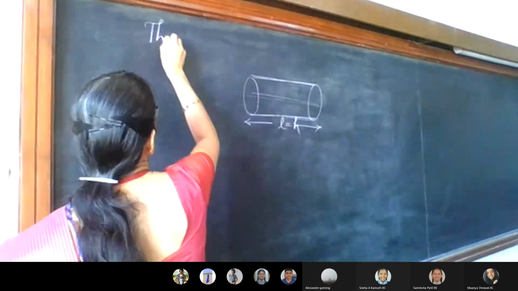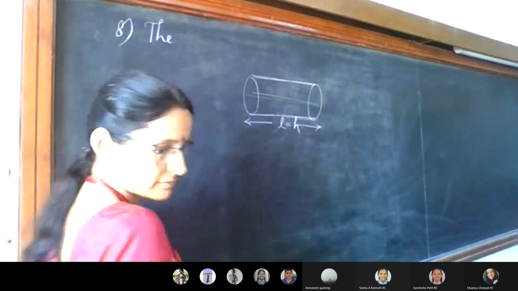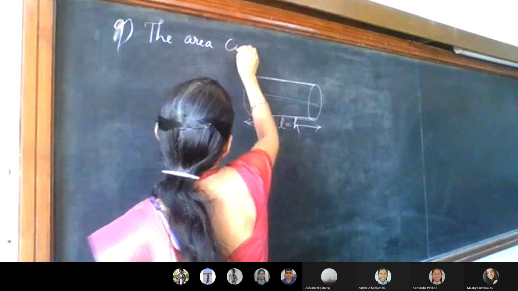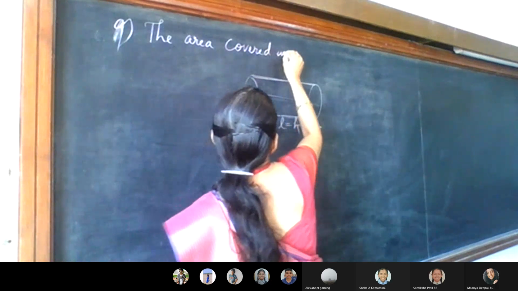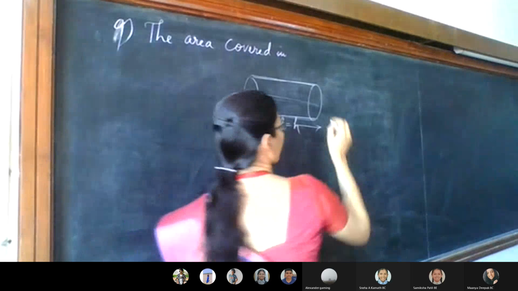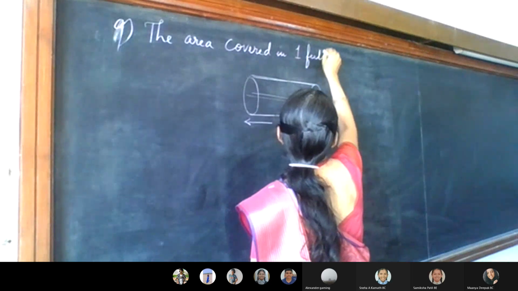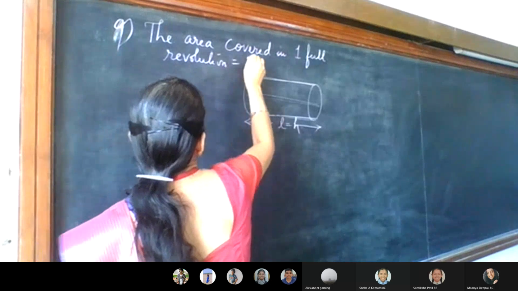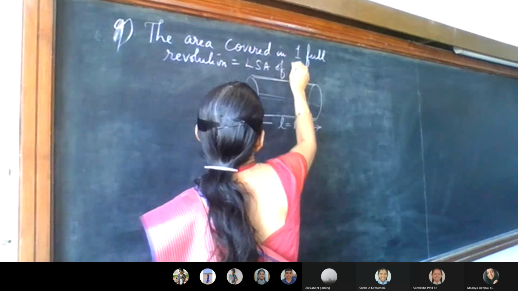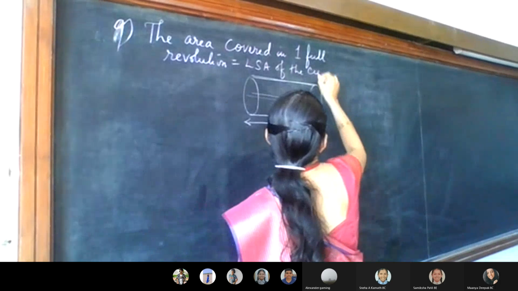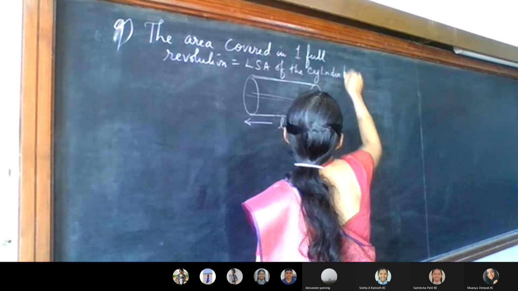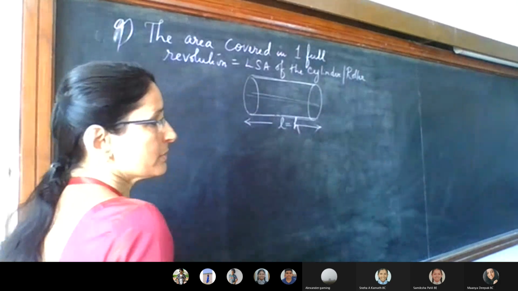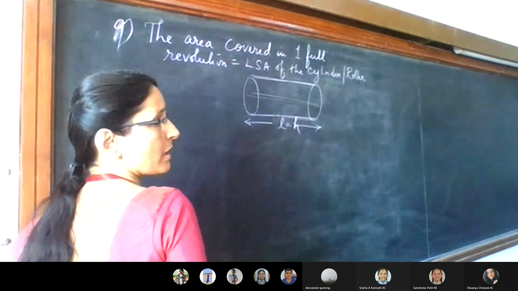The area covered in one full revolution is equal to the LSA of the cylinder or roller. Correct now? Okay, then find LSA.